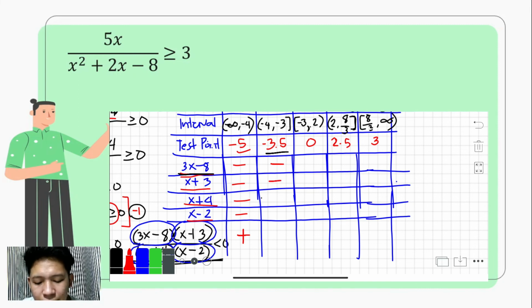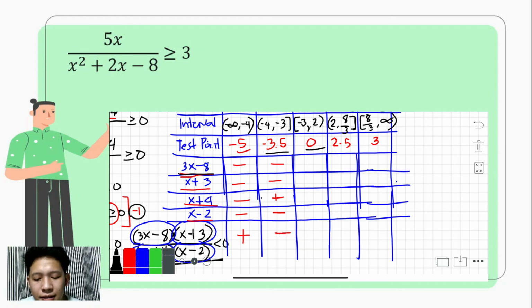Okay, and then negative 3.5 plus 4, so that would be positive 0.5, so we have positive. And then negative 3.5 minus 2, that's still negative. Okay, hence we have negative times negative, positive. Positive times positive, positive. Positive times negative, then that would be a negative value. Okay, so negative po yung ating value. Next, we proceed with the next one.